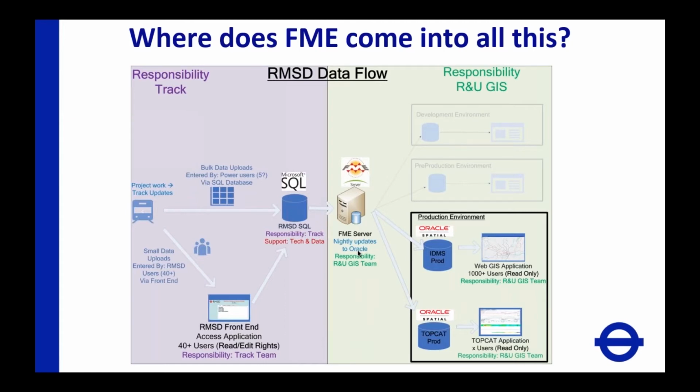And then we've got a Workbench, which is running every night on our FME Server, and that's spitting it out to our Oracle spatial databases and into the web GIS that I was showing earlier. We also have other applications that use this restriction data. So again, FME will spit that out into those applications as well.